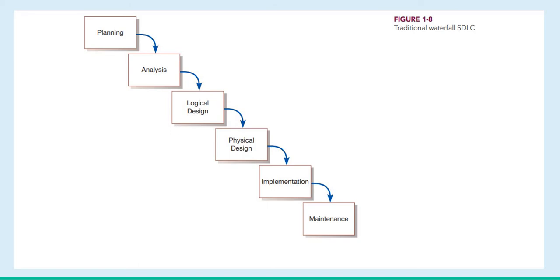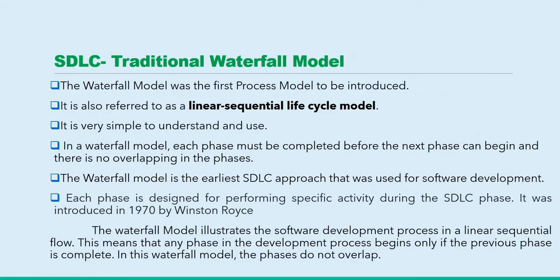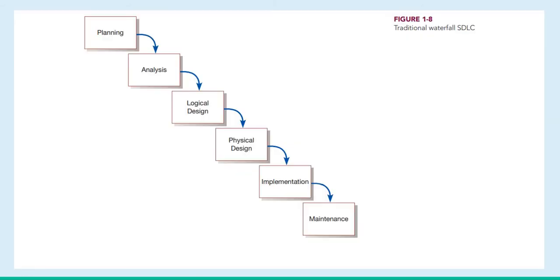And when the analysis phase has completed, then the logical design phase will begin, and so on. That means there will be no overlapping of phases. That is why it is also known as the linear sequential life cycle model. Right?